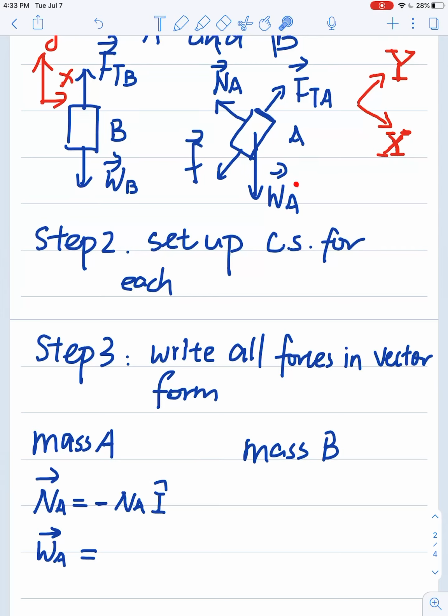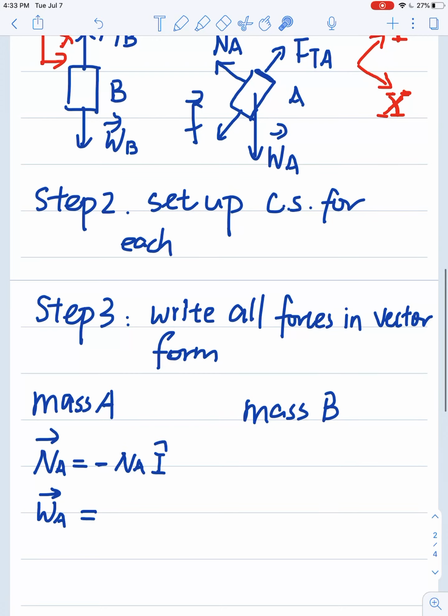And if we look at the weight force WA, it's pointing downwards, straight down, vertical down, and it has an angle between x or y direction. Therefore, you need to do projection. You need to project this weight force to x and y direction.